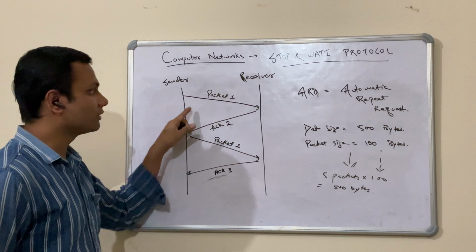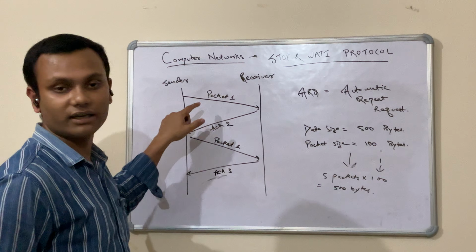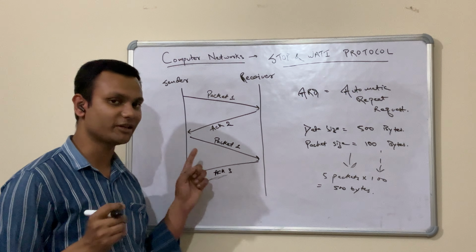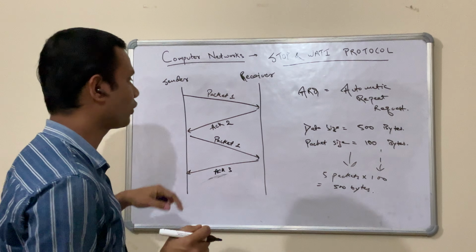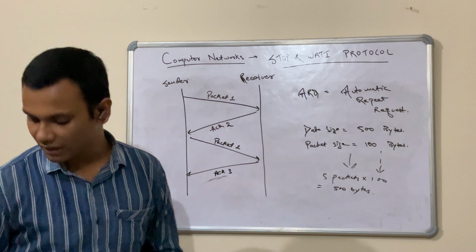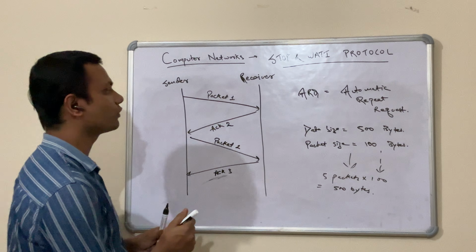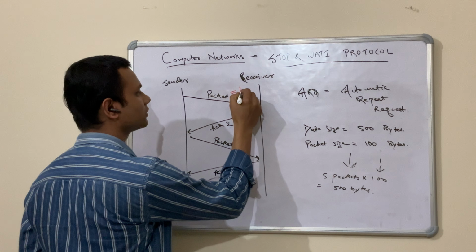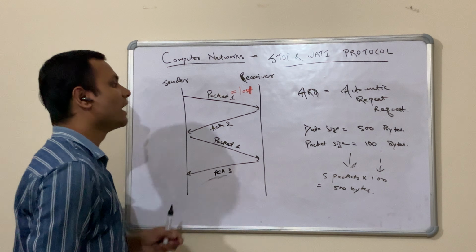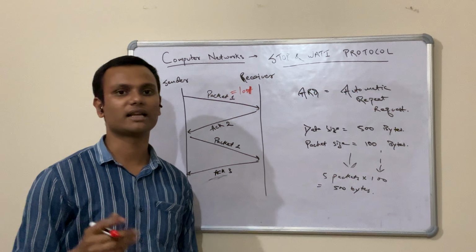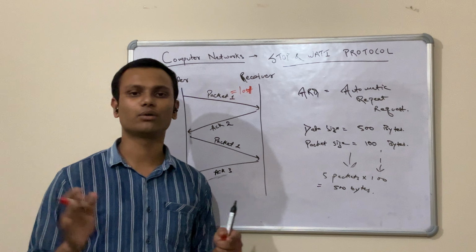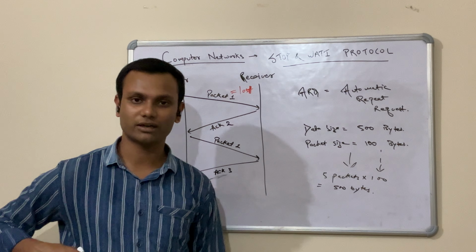But there can be two conditions which can happen, and this is a very crucial part. What if the packet 1 which we are sending got lost? It never reached the receiver, and this can happen due to multiple reasons. Let's say the channel we are using has a very heavy load, heavy traffic, and that's why the packet got dropped.